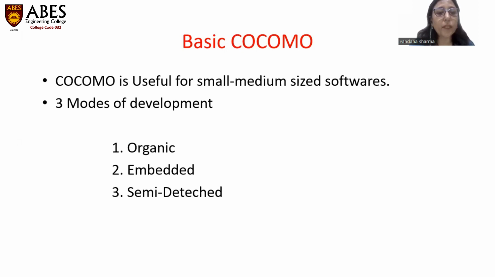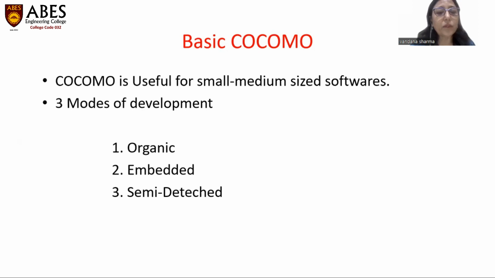When we talk about the organic mode of development, this is basically the environment in which a developer works on a similar kind of project, and the project can be of small size, the team is of small size, and the interface required here is quite flexible.